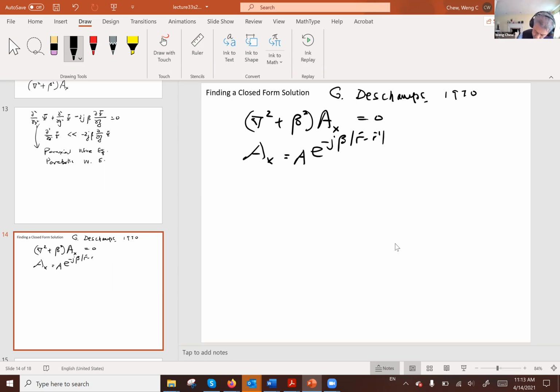And then I also know that if I put in the Green's function solution to this equation, as long as r is not equal to r prime, it would satisfy that equation that I have on the first line, the Helmholtz wave equation.